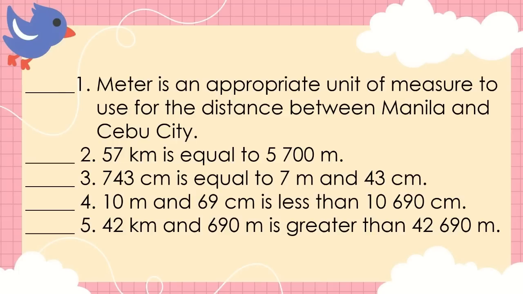Number 4, 10 meters and 69 centimeters is less than 10,690 centimeters. Number 5, 42 kilometers and 690 meters is greater than 42,690 meters.